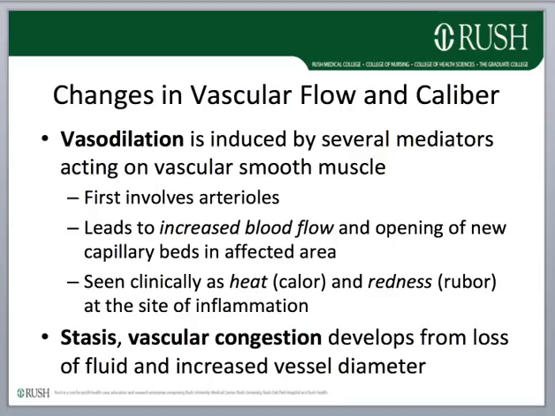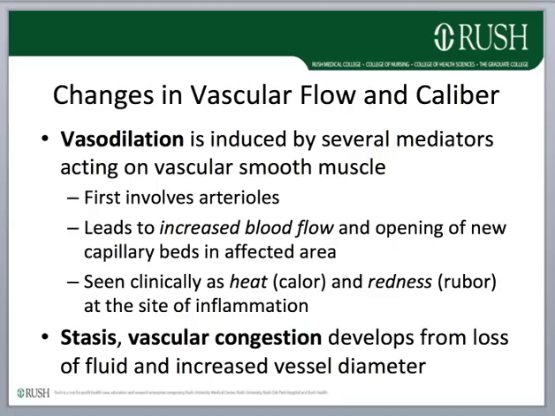Vasodilation is induced by the action of several mediators on vascular smooth muscle. It's one of the earliest manifestations of acute inflammation. Vasodilation first involves the arterioles and then leads to opening of new capillary beds in the area. The result is increased blood flow, which is seen clinically as heat and redness, present at the site of inflammation.